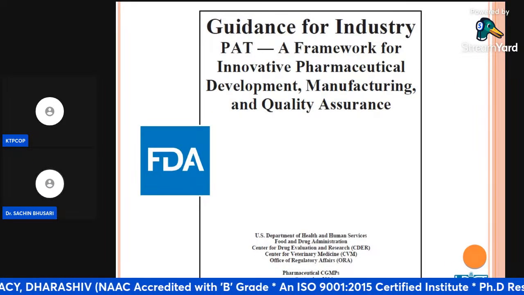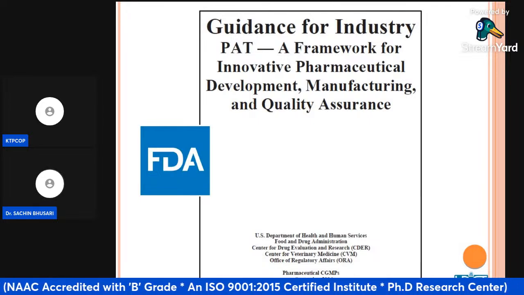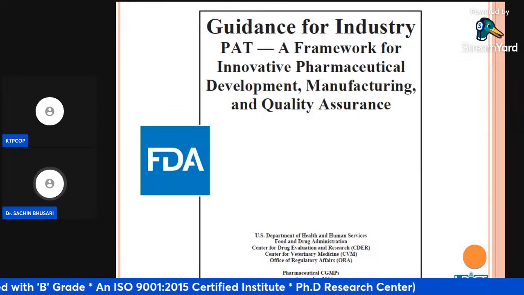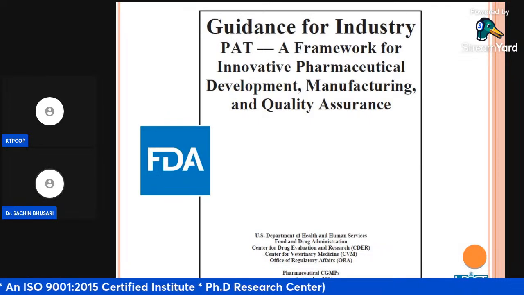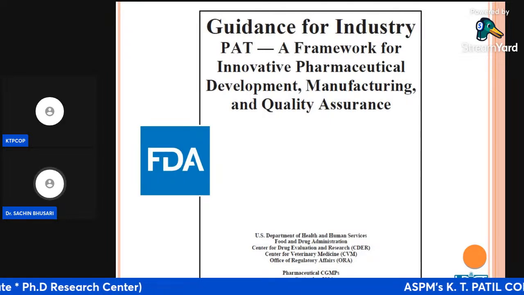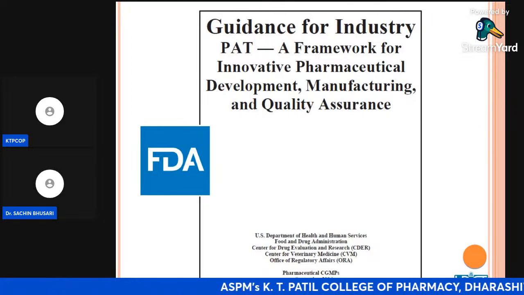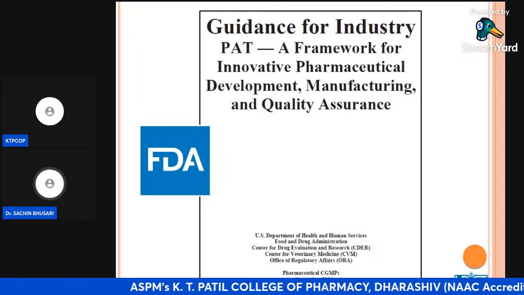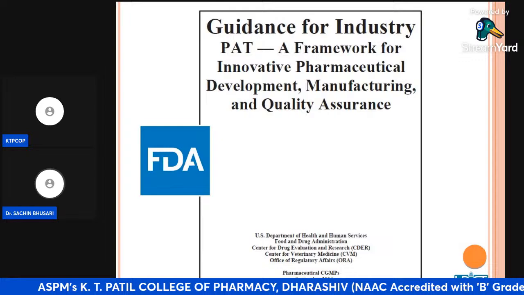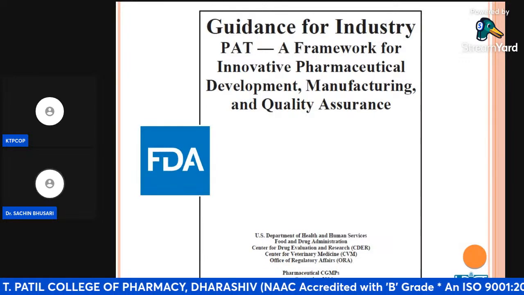While discussing this, all of us very well know that if I am having my industry and I have any product, I have to register my product. Product registration comes along with all the process registration, equipment registration, and everything. So whatever I am manufacturing is registered somewhere. So I cannot change it by myself.